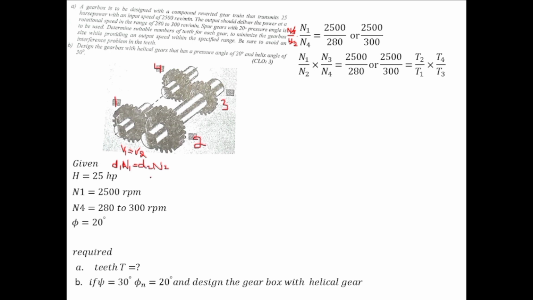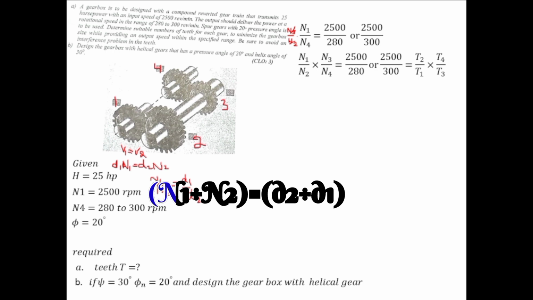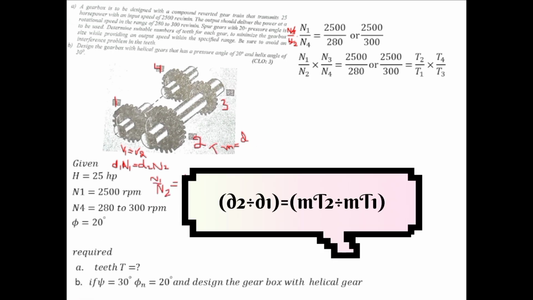Now rearrange this equation. So n1 divided by n2 will be equal to d2 by d1, and as we know that module m is equal to d divided by number of teeth, we represent teeth by t over here. D will be equal to mt, so d1 will be equal to mt1 and d2 will be equal to mt2. So this m and m can be cancelled out with each other.